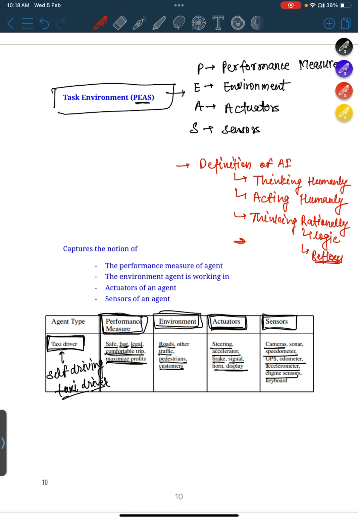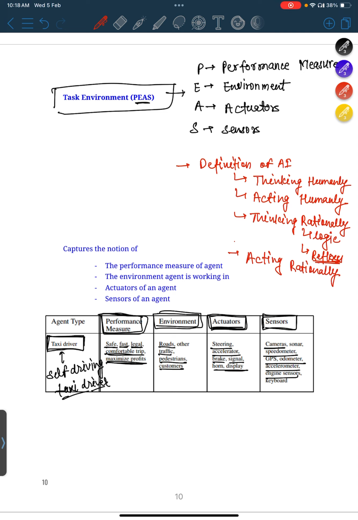So that's where we said that even if we can't derive a decision from a rational way of thinking, it should still be a good decision, one which profits our agent.